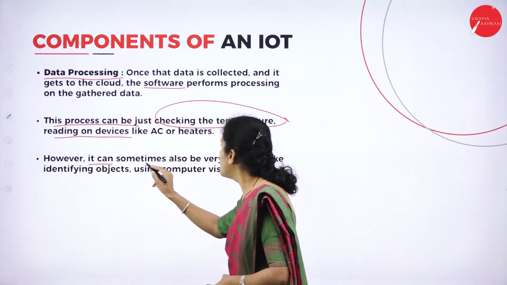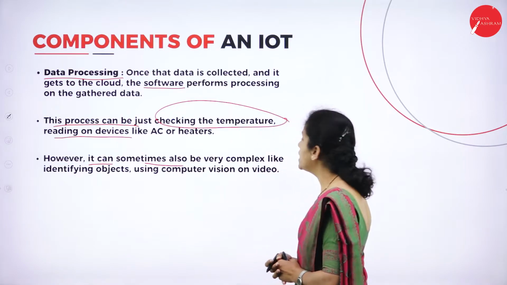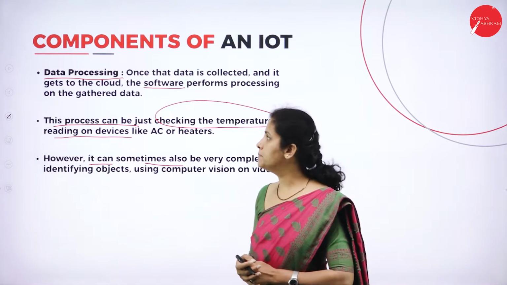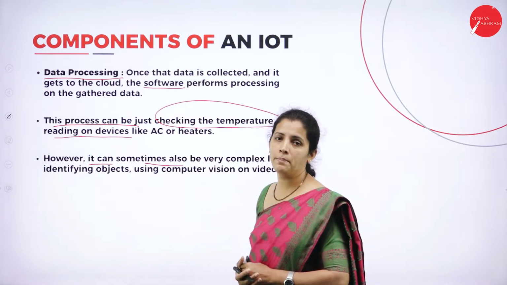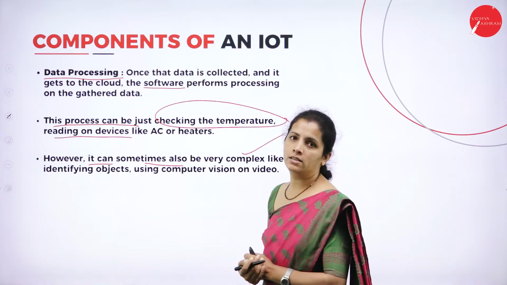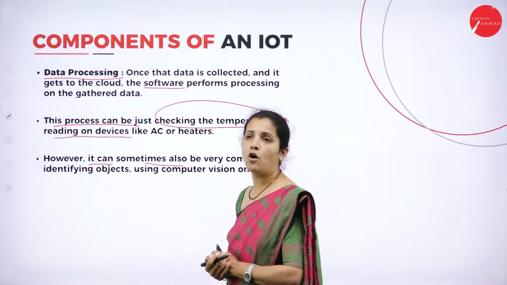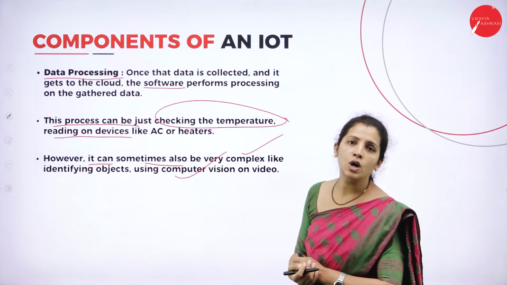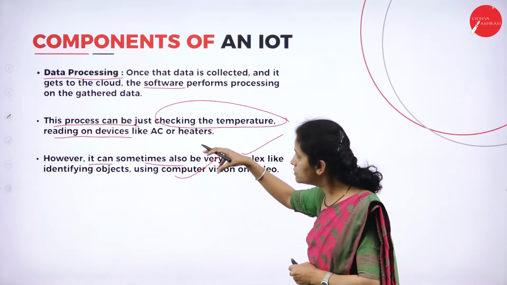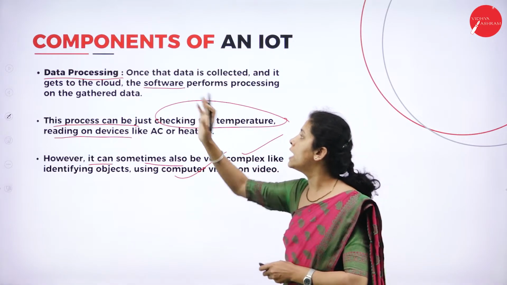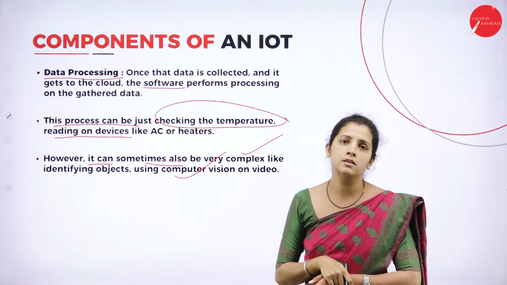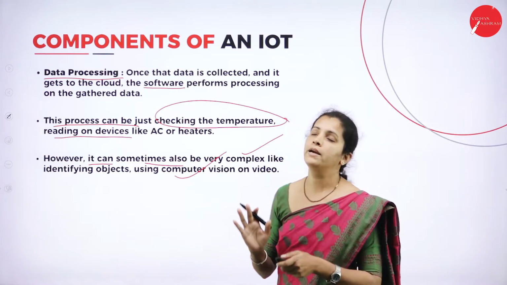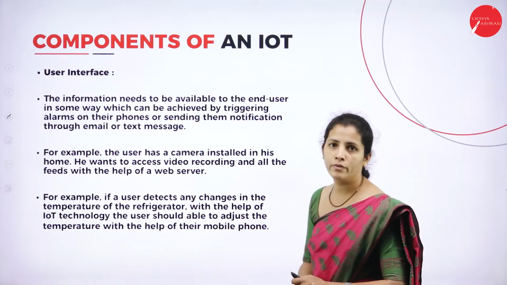It can sometimes also be very complex, like identifying objects or computer vision on videos. These kinds of jobs are also done by data processing. The collected data must be processed by using some software.